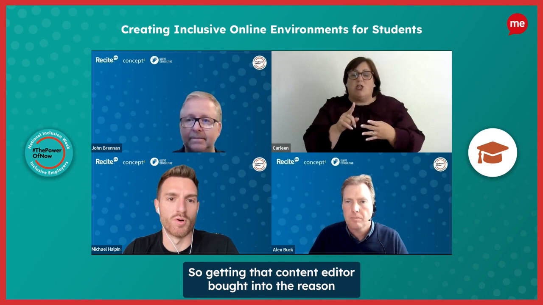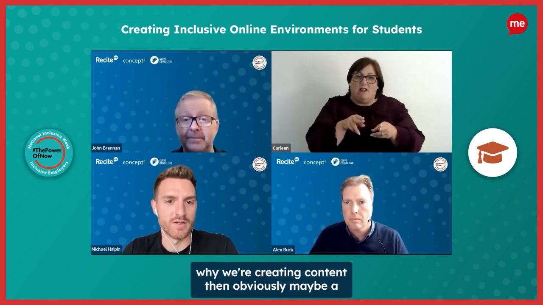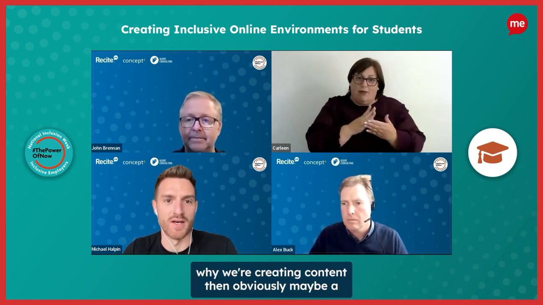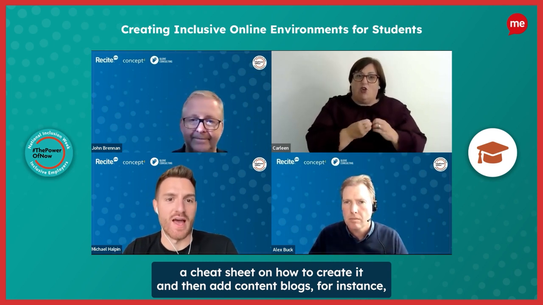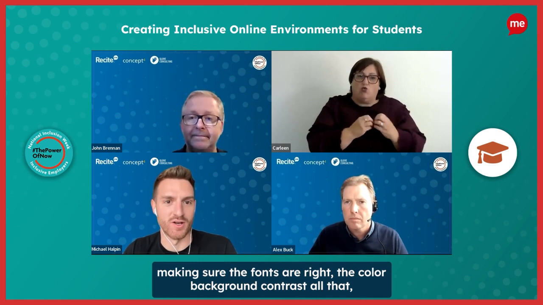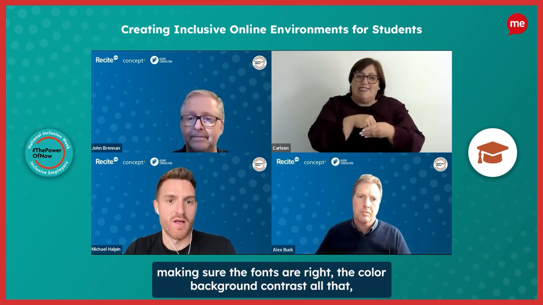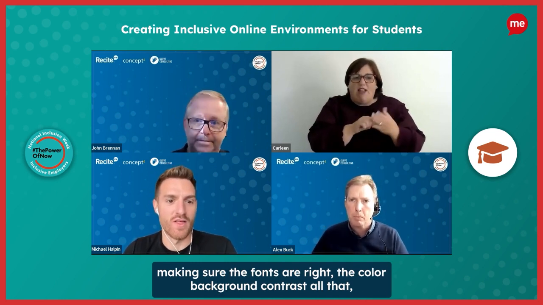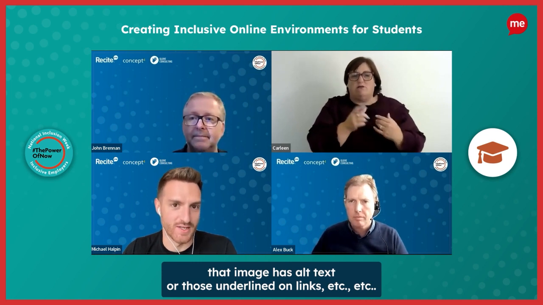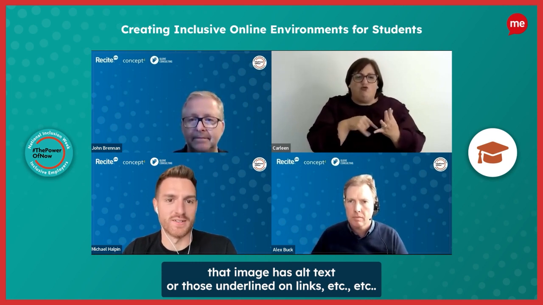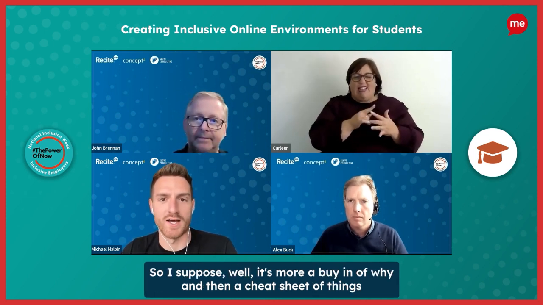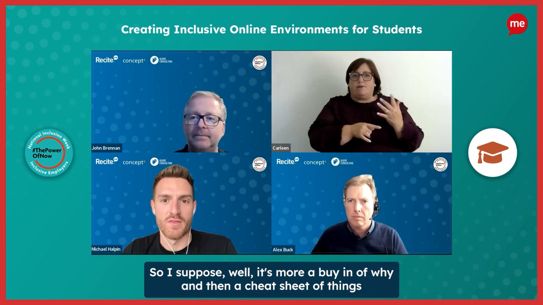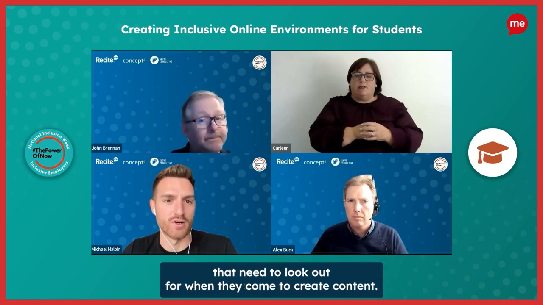Yeah, so getting that content editor bought into the reason why we're creating content like this, then maybe a cheat sheet on how to create it, and then they can add content, blogs for instance, making sure fonts are right, or the color background, the contrast, or that the image has an alt tag, or there's underlining on links, etc. So I suppose it's more buying into the why, and then a cheat sheet of things they need to look out for when they come to create content.